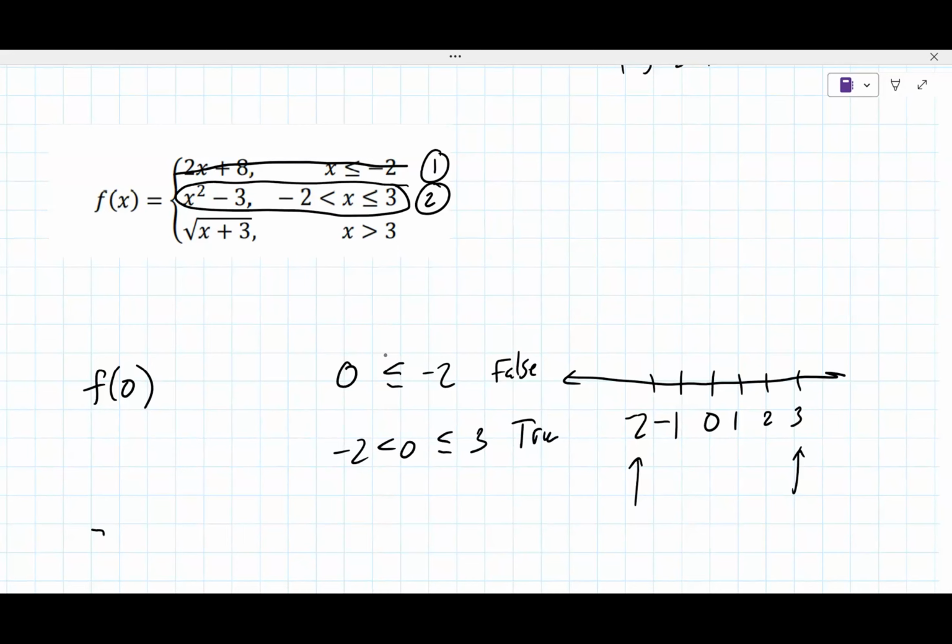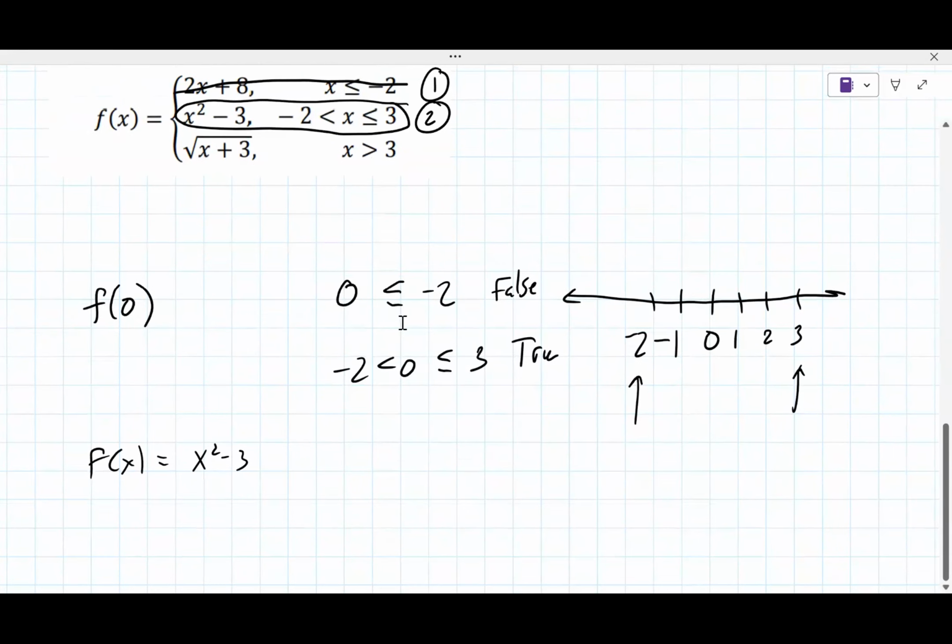For f of x, you're going to use the x squared minus 3. What is f of 0?